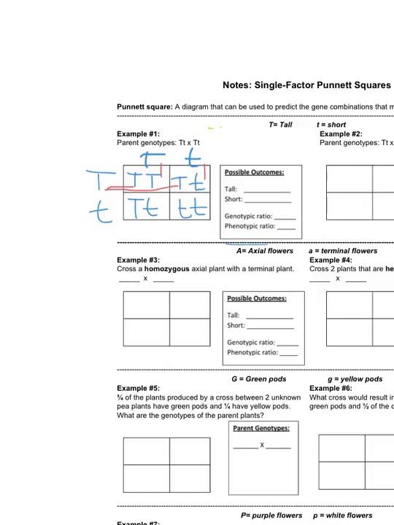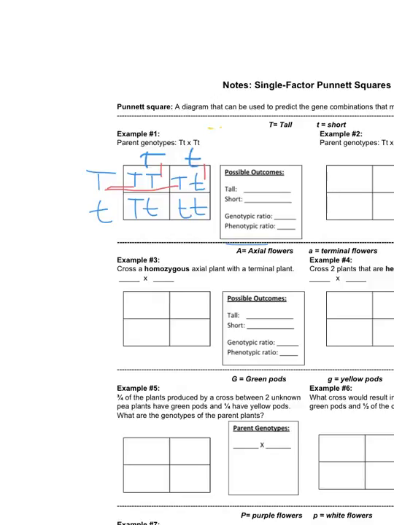This genotype, the way to express that out loud, because they're both the same letter, remember that's homozygous, and since they're capital T's, this offspring would be homozygous dominant. This offspring, since the letters are different, is heterozygous, so this one's also heterozygous, and this one is homozygous recessive. Okay, so now that we've reviewed, I'm done using capital T, lowercase t, and I'm going to use homozygous, heterozygous, that sort of thing.